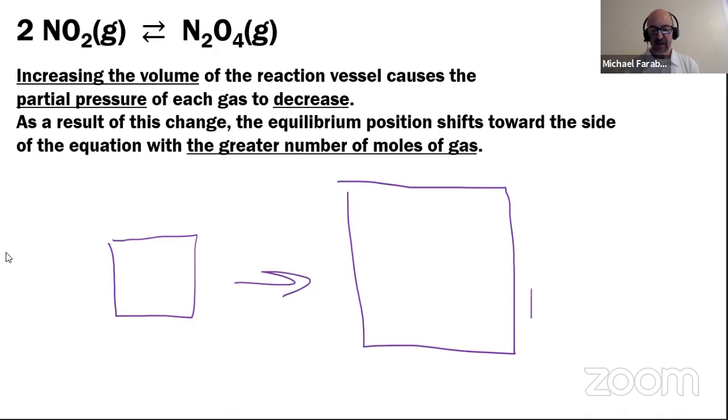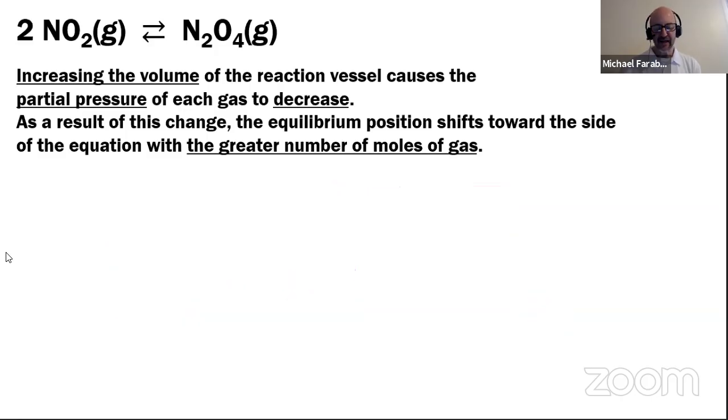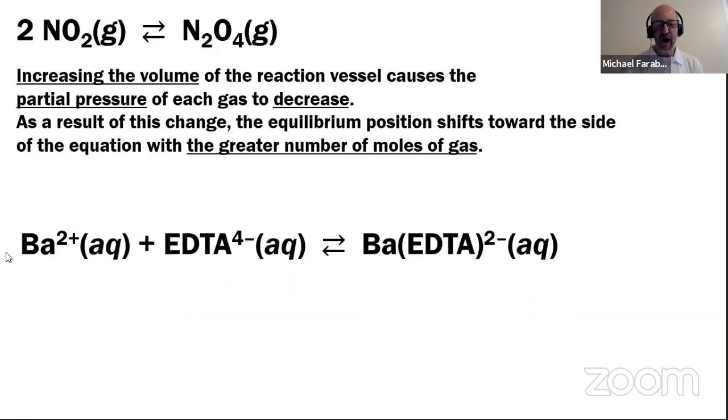As a result, the pressure will go down, and the system will shift toward the side of the equation with the greater number of moles of gas as a way of counteracting this decrease in pressure. Well, there's a completely analogous system with aqueous species.